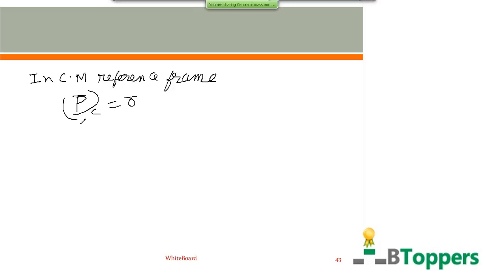If you consider a system of two particles, then the total linear momentum of the two particles with respect to center of mass will be 0. That means p bar 1c plus p bar 2c is 0.